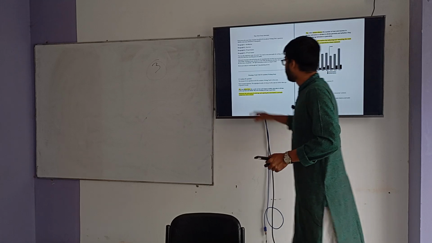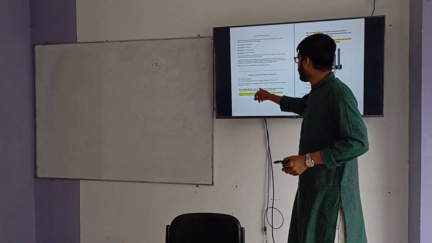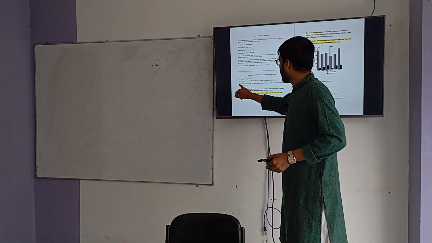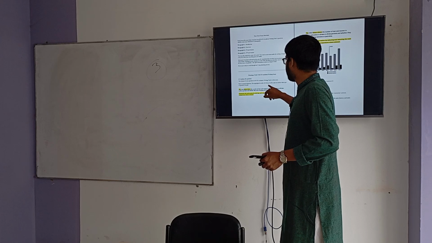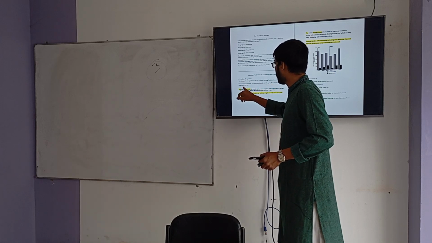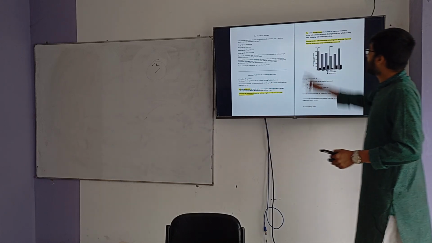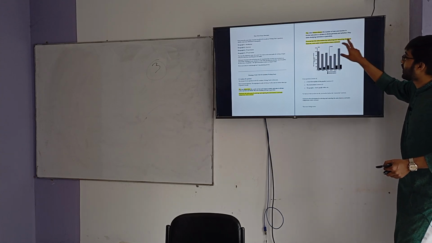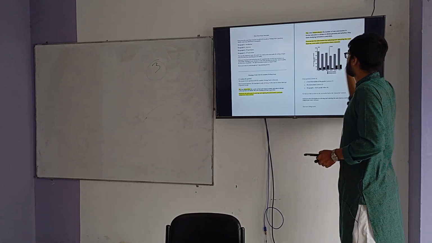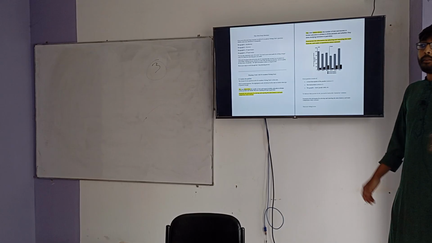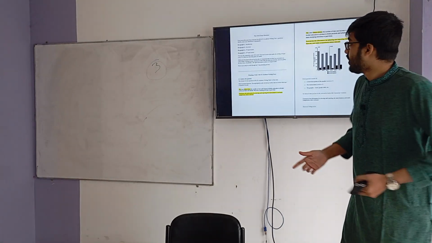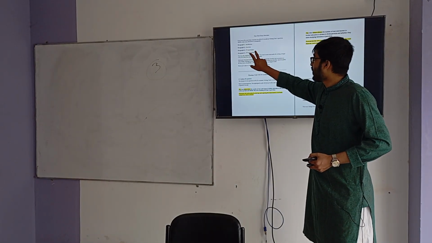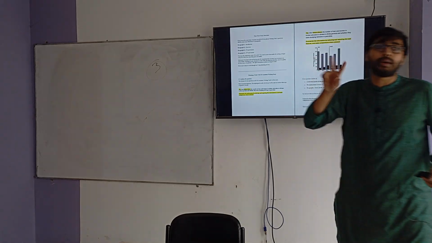Let's see. The format of every question is the same. The highlighted words will always be the same no matter what type of question you get. Summarize the information by selecting and reporting the main features and make comparisons where relevant. In order to write the first feature and second feature, we have to compare.